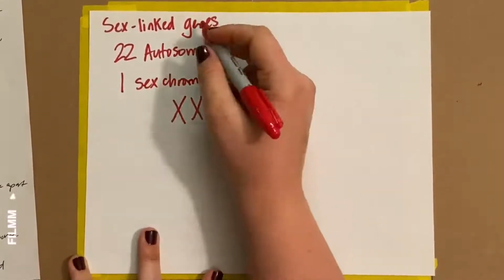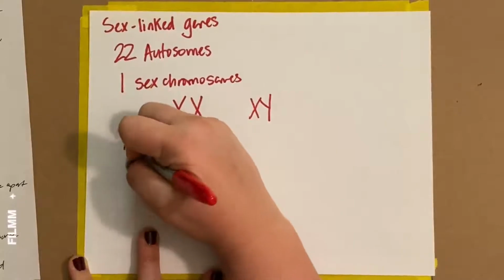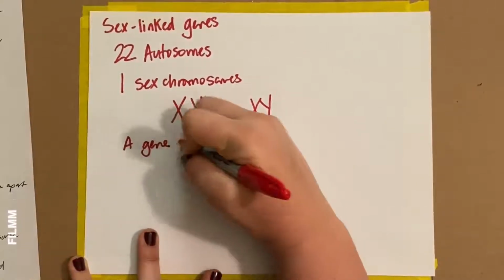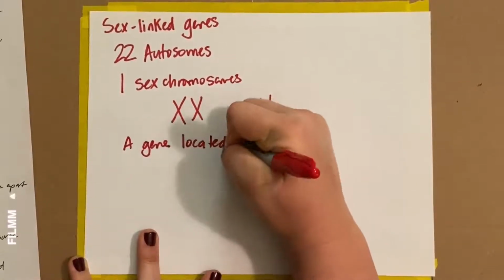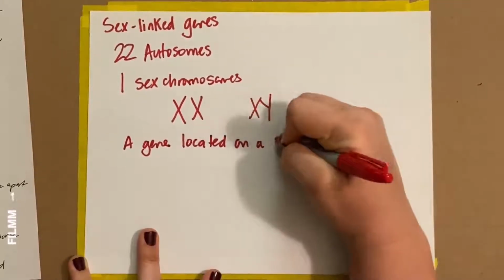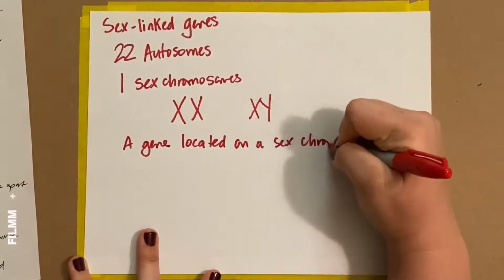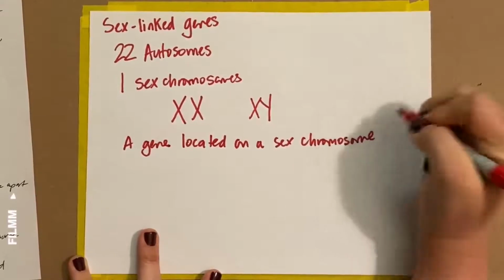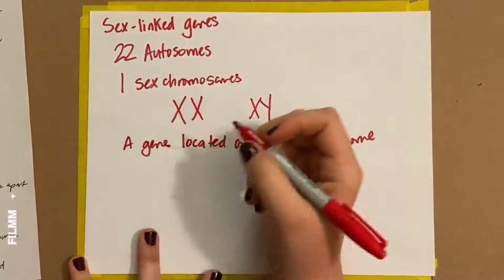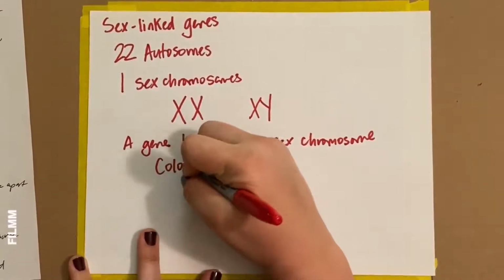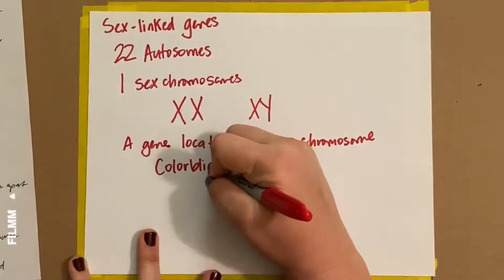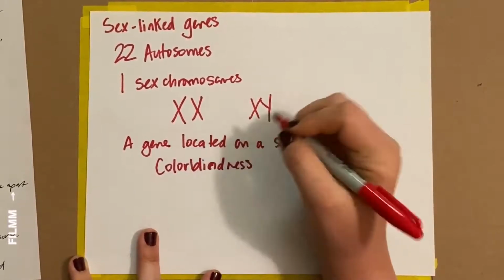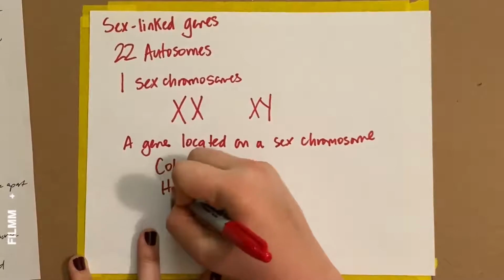A sex-linked gene is a gene located on a sex chromosome. Examples of this are color blindness and hemophilia.